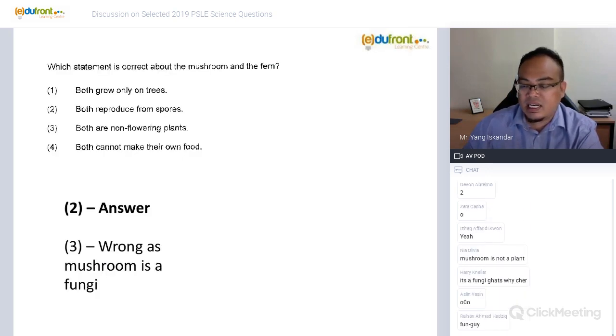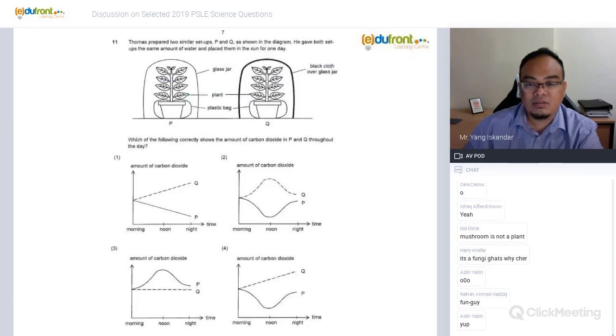Another MCQ question. Those who know the answer, please type the answer. Ready? 1, 2, go.